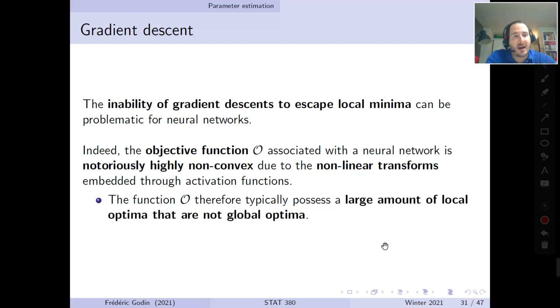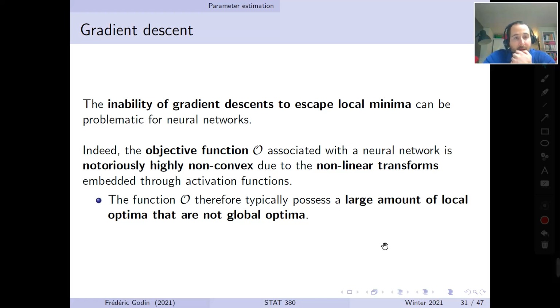So the first drawback associated with gradient descent is the inability of gradient descent methods to escape local minima. As we've seen a few slides ago, sometimes if you apply steepest gradient descent, the parameters end up being stuck in a local optimum and you cannot converge to the global one. So this is an issue with gradient descent.